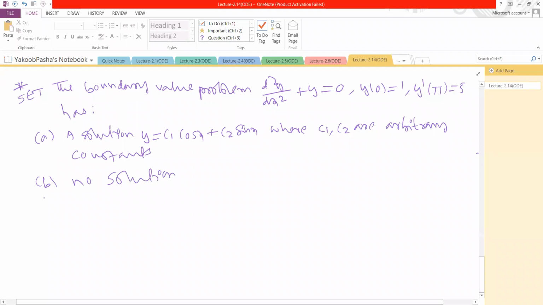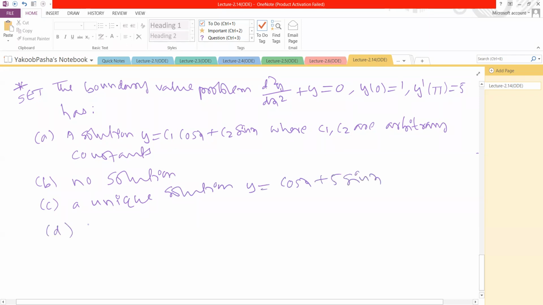And option C, a unique solution, y is equal to cos x plus 5 sin x.